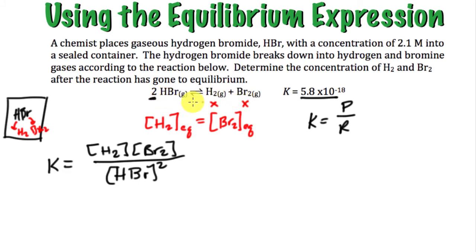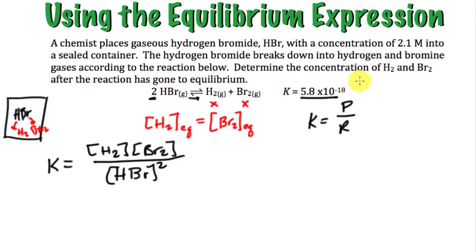When we produce the hydrogen and the bromine, we do have to lose some HBr, but we're not going to lose a lot of it at all. This reaction is going to shift to the right very, very little. You're going to get a little bit of products, and the reactant is pretty much going to stay. The reactants dominate.